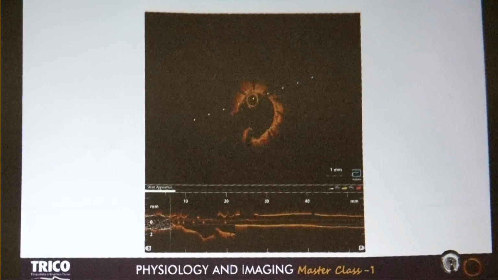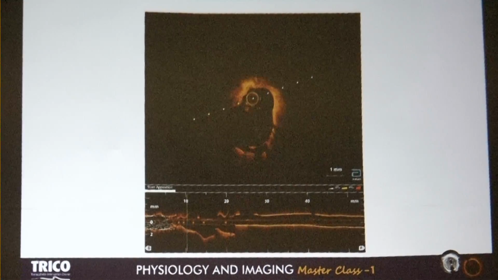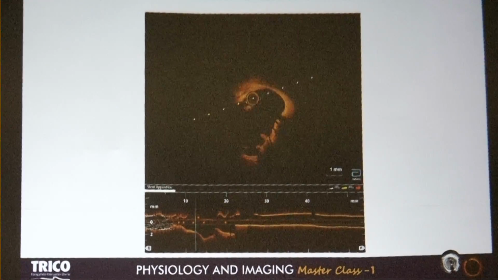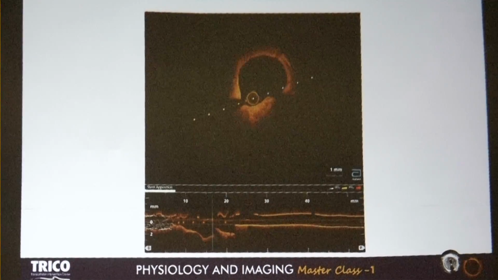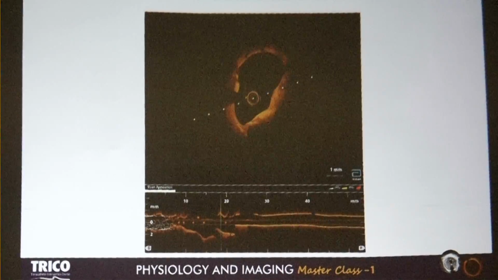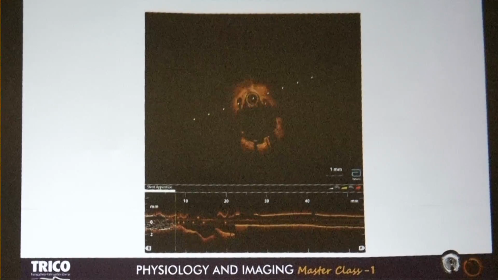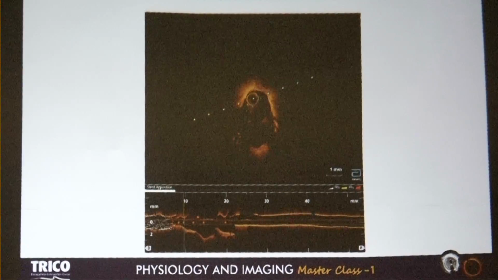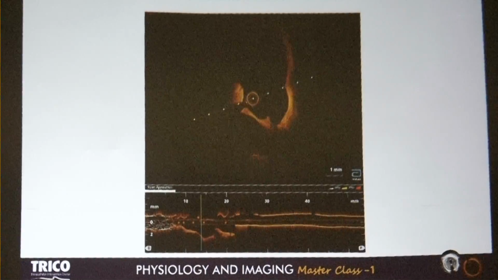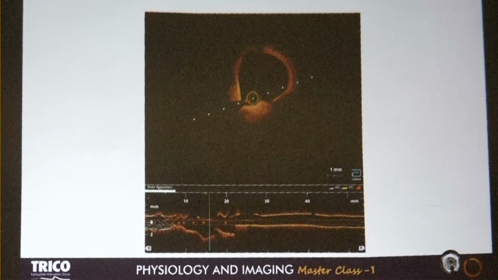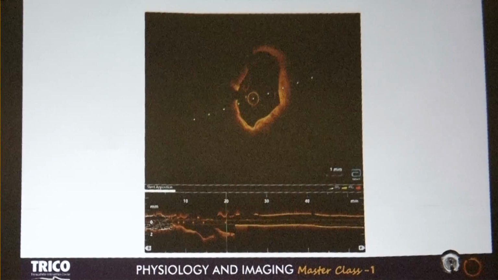Professor, what do you think? Yeah, here you can identify some hole. So it might be, if there are big atheromatous changes and long term, if the thrombus or plaque disappears, we can identify such a hole.